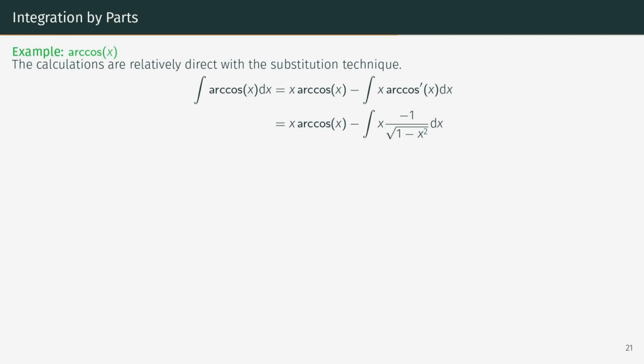This then equals x arc cosine of x minus the integral of x times minus 1 over the square root of 1 minus x squared dx.